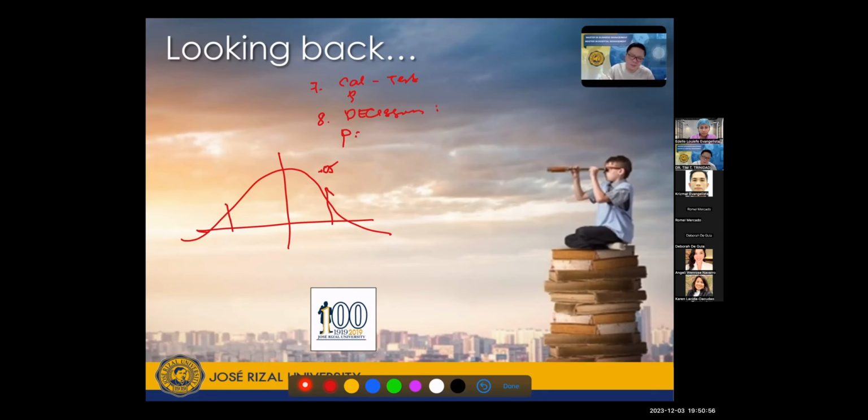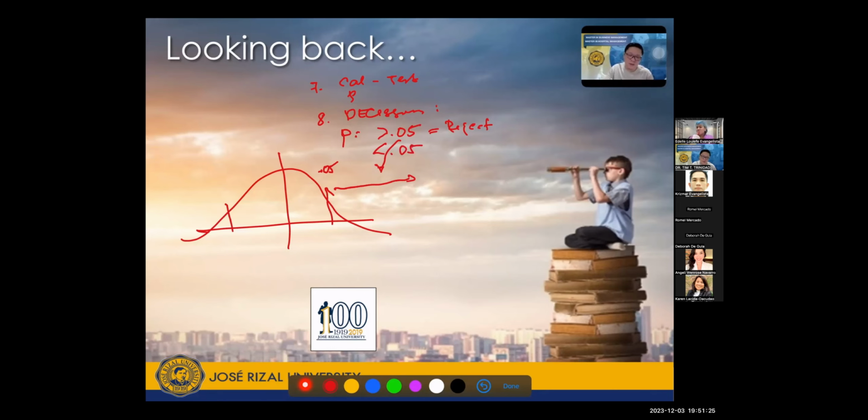If the p-value of your test is less than 0.05, reject the null hypothesis. So it will be somewhere here. That will prompt you to reject your null hypothesis if the p-value of your test is less than 0.05.